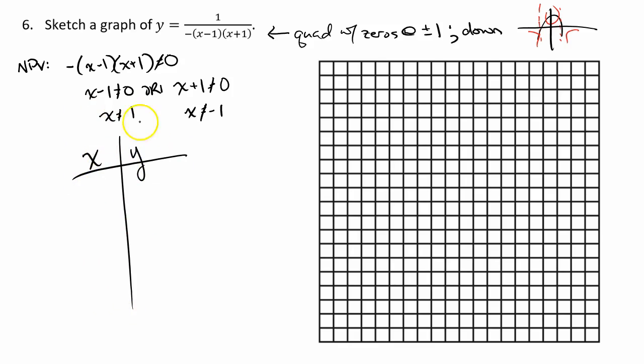Table of values. Next step. And again, I want to surround these asymptotes. So I'm going to go negative 3, negative 2, 0, 2, and 3. And I'm going to get some symmetry over here. And again, I can plug in. So 1 over negative 3 minus 1, negative 3 plus 1.